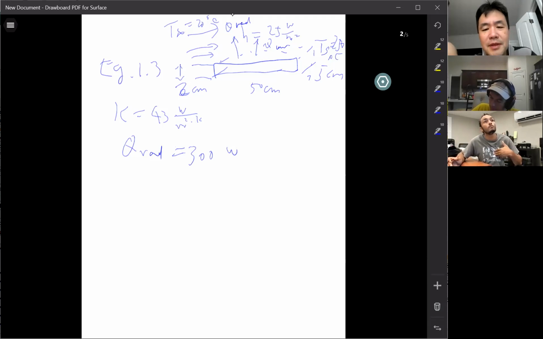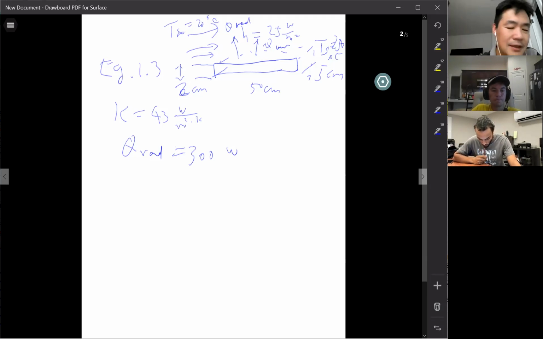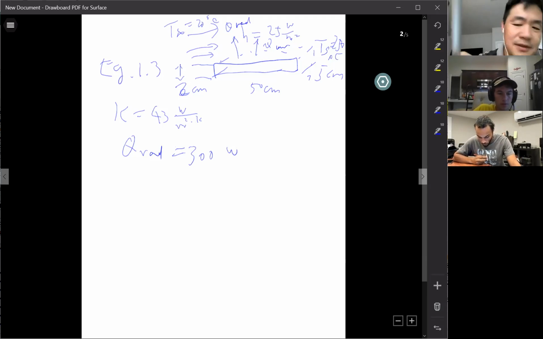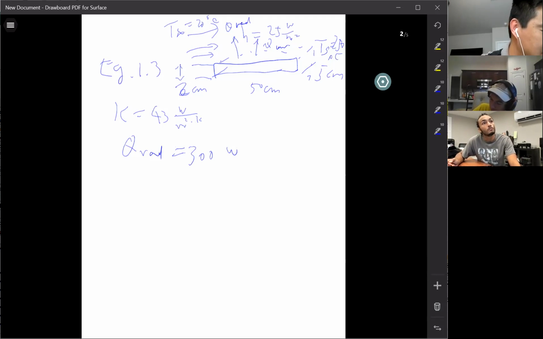So in this problem, the heat transfer from the surface to the ambient has convection and radiation. But inside the material there's a thickness, and it has conduction inside the plate. It asks you to calculate the temperature inside the plate.